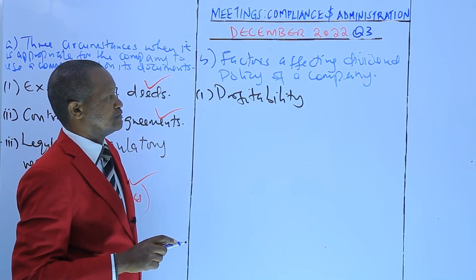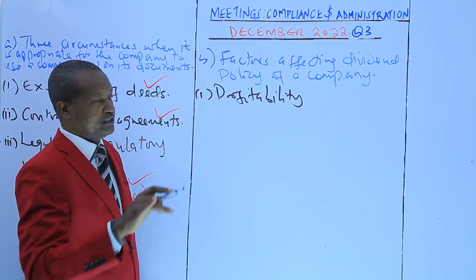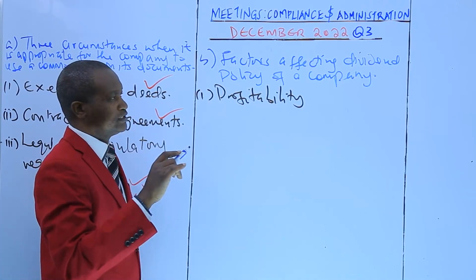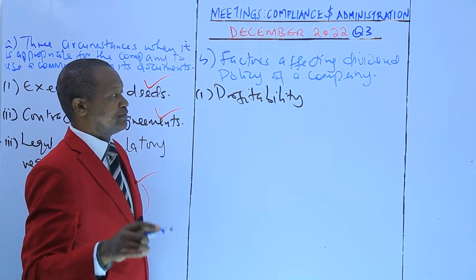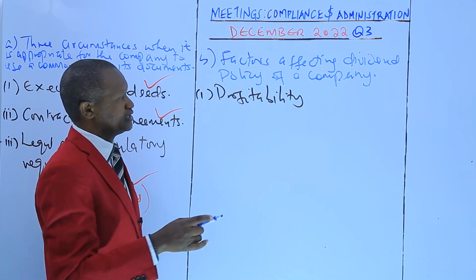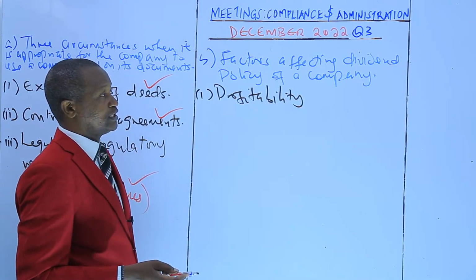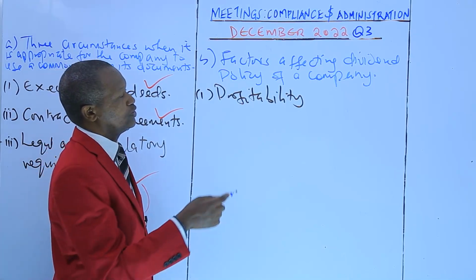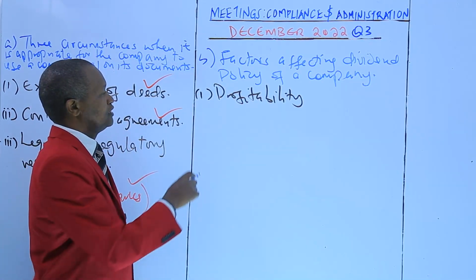Do you understand? It's basic. If the company has made high profits, then such company can declare dividends. But if the company is incurring losses, then that will affect the dividend policy. The company may not pay, because dividends are always paid out of profits.